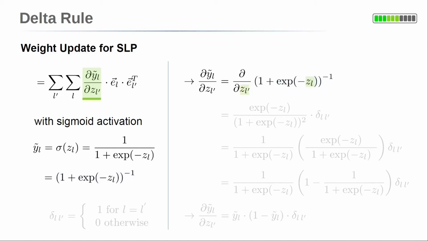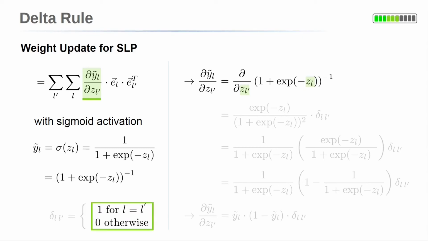The derivative of an expression depending on the variable z_l with respect to the variable z_l prime is only non-zero if the variables z_l and z_l prime are identical. So for example, the derivative of an expression with the variable z_1 with respect to z_2 is always 0.